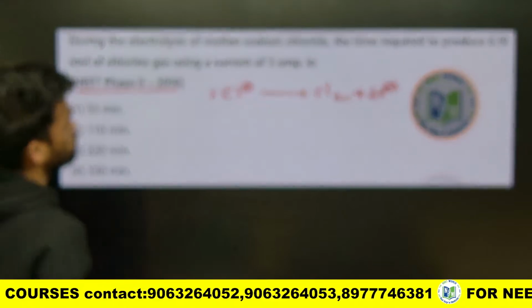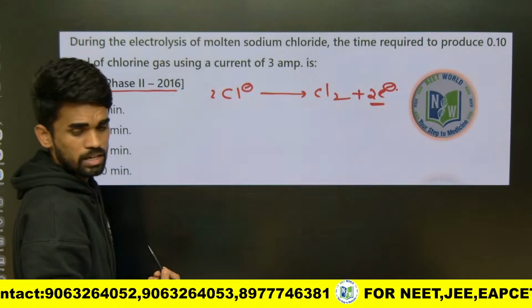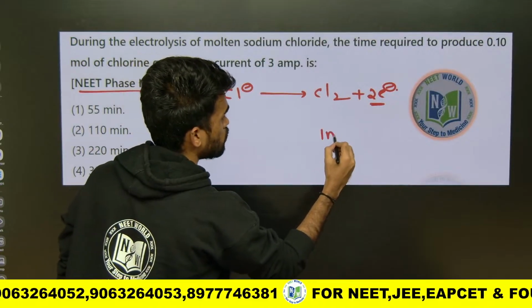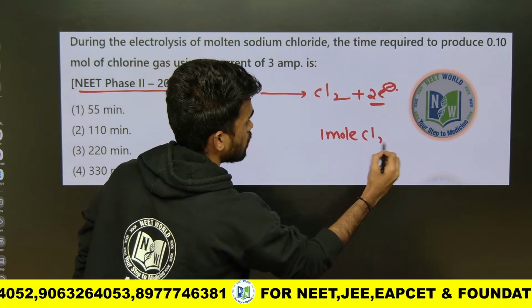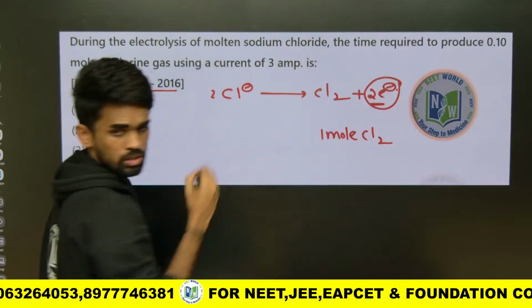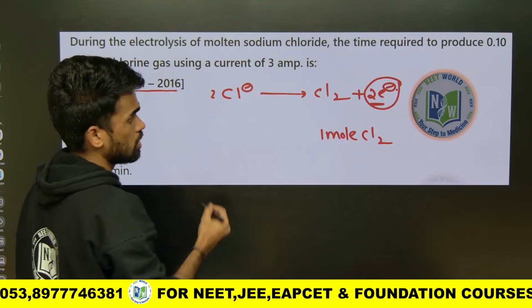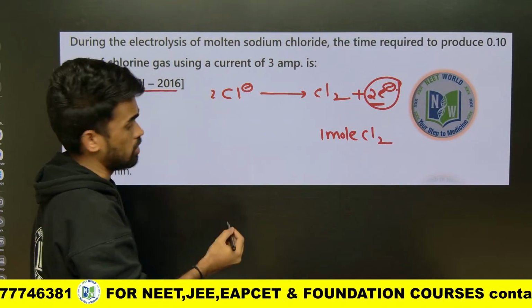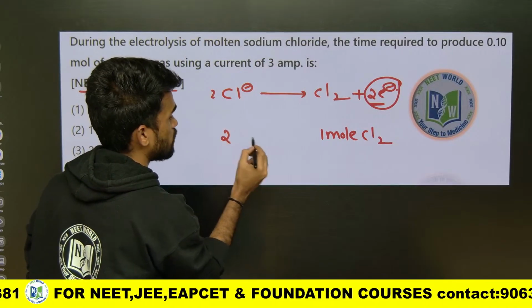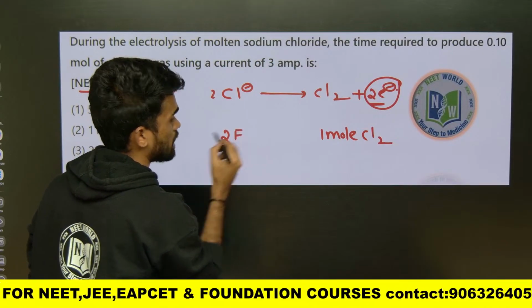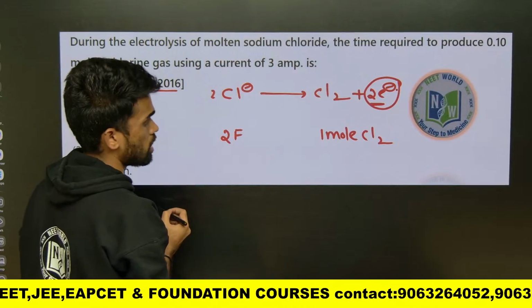Now in order to produce, so see how many electrons involved here? 2 electrons. So in order to produce 1 mole chlorine gas, how many electrons involved here? 2 electrons. It means 2 moles of electrons are involved. So I can say 2 moles of electrons is nothing but 2 Faraday of electricity, or charge, is required here.